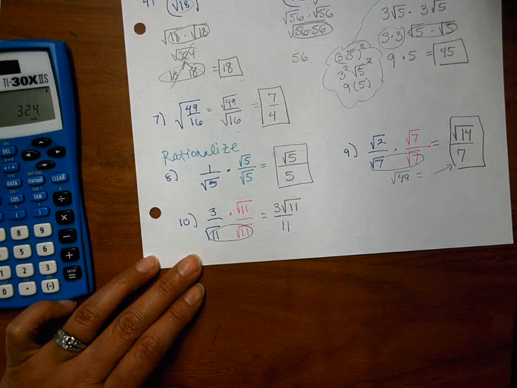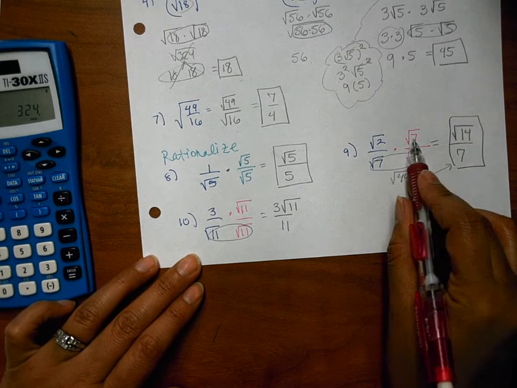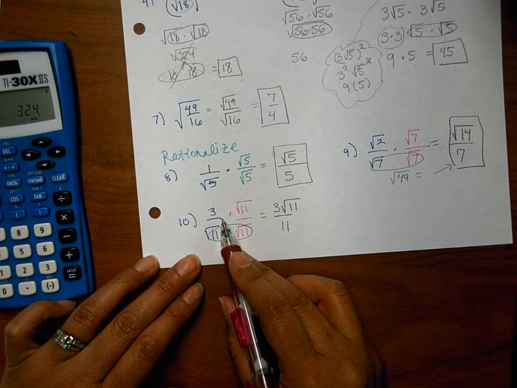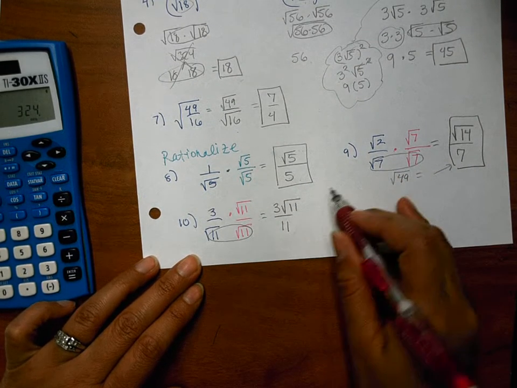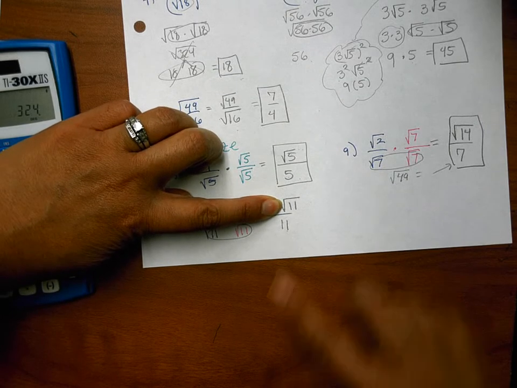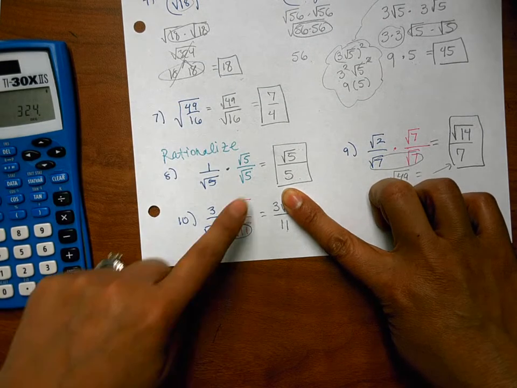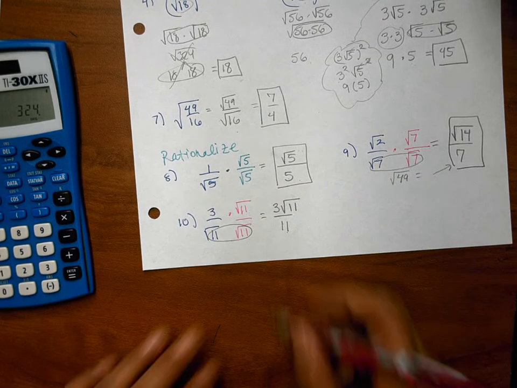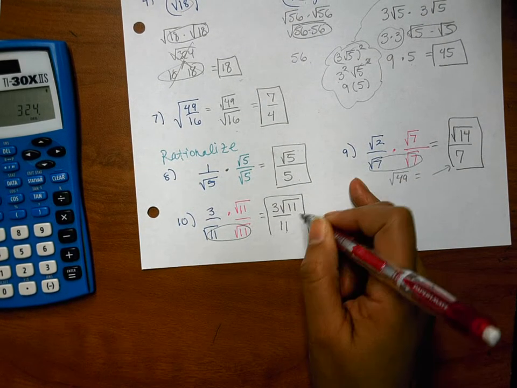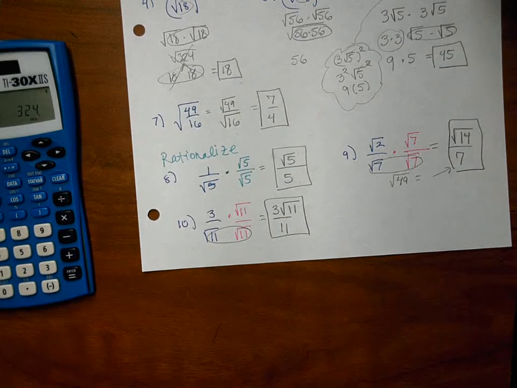These are not both in radicals, so I cannot multiply the two numbers together and call it like 33 or root 33. I was able to here because they were both in radicals, but that's not the case here. So I end up with this. These two numbers cannot reduce because one's a radical, one is not. Those two numbers I am allowed to reduce if they reduce, but 3 and 11 do not reduce. So this is it. This is your final answer.